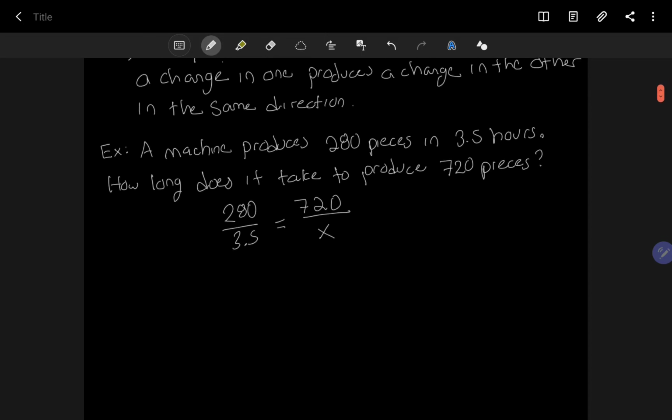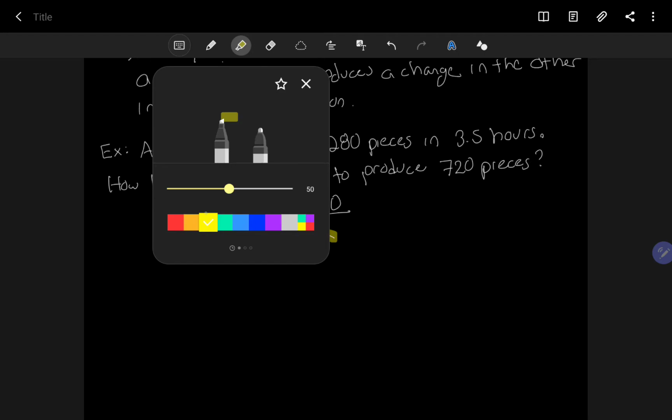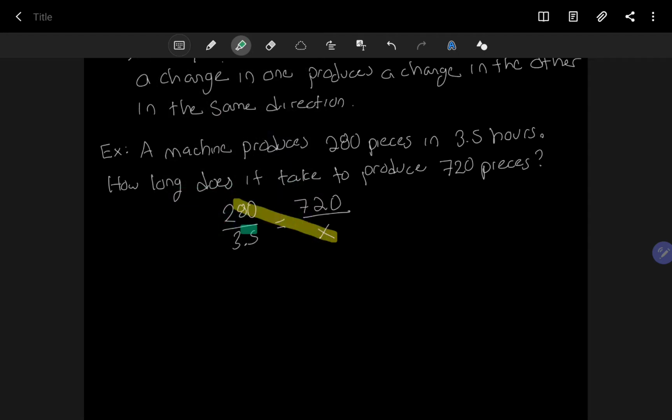And now we can just do what we did on Tuesday and just cross multiply. So we got 280x equals 3.5 times 720. Cool, so we got 2520.